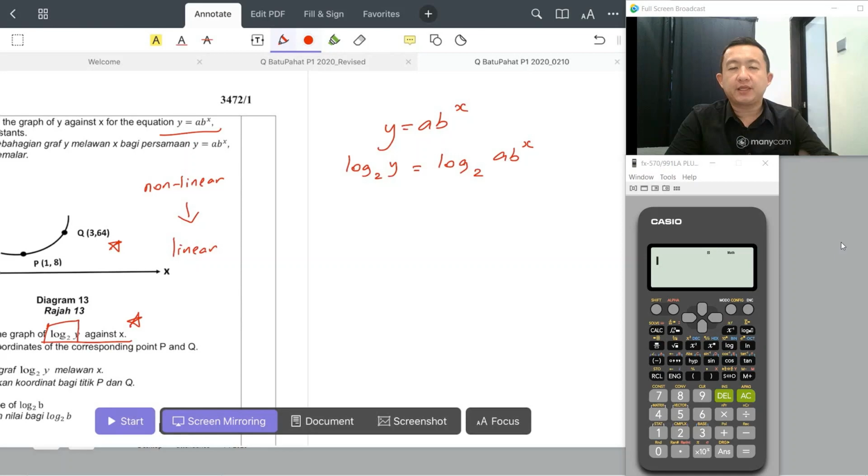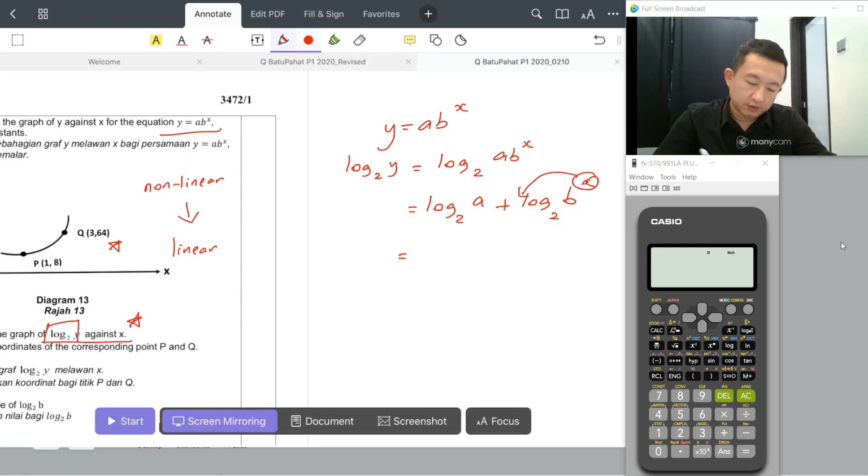And then ab multiply, break it to log 2a plus log 2 b power x, so it's a plus between the logs, same base. And then the power, you can bring it down, put it in front, so you have x log 2b. This is your m, if you know what I'm trying to say, and this is your x, and this is your c. Capital Y equals to mx plus c.